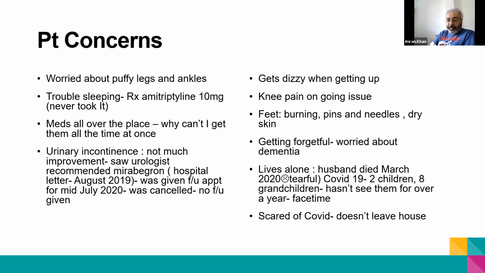She does FaceTime them, but yeah, it's not the same thing, and she's on her own. She's desperately missing them. She's scared of COVID, and as a result of that, very rarely leaves the house. Shopping's done for her, prescriptions are delivered. So unless it's absolutely necessary, she doesn't like to go out.